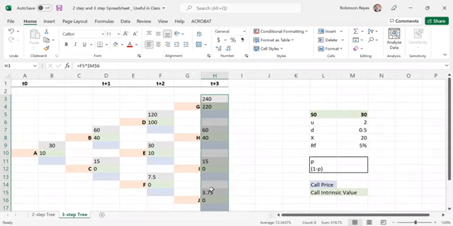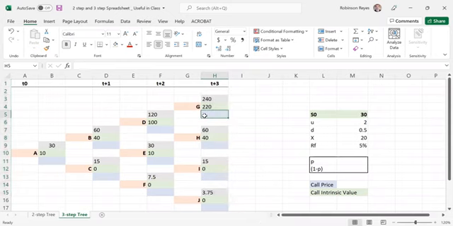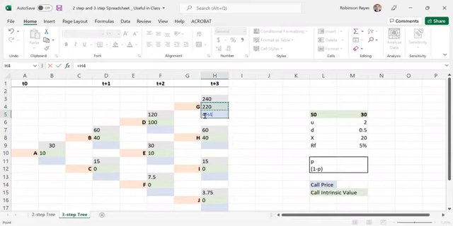Now, once we have the intrinsic values, one last step is to solve for the price of the call option at each one of the nodes. And we begin by the terminal node. Now, at expiration, this is what the terminal node is. The price of an option is exactly the same as the intrinsic value.